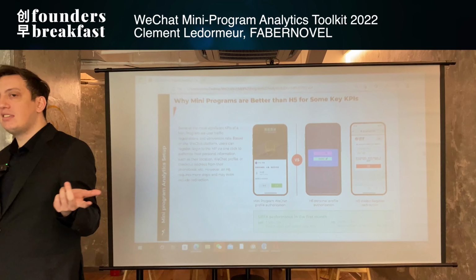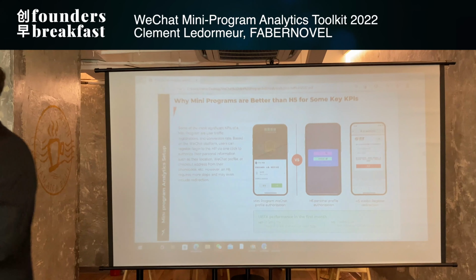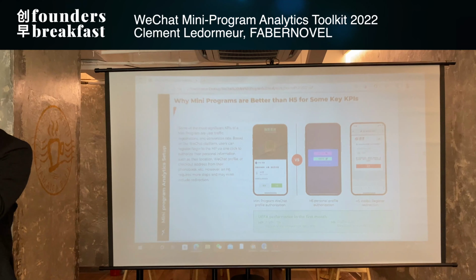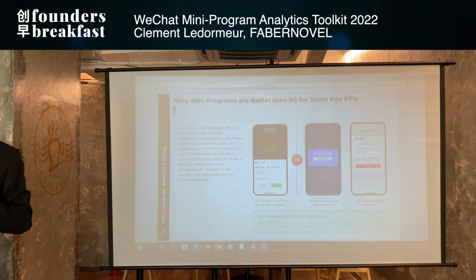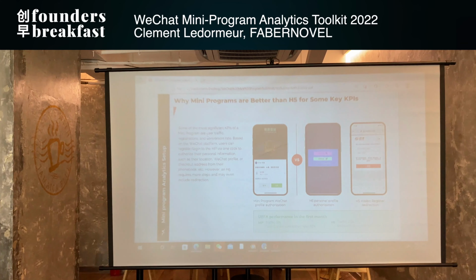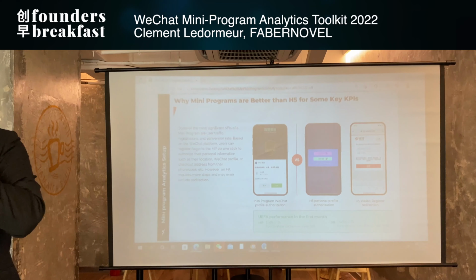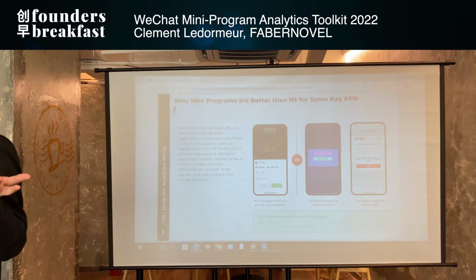So why is it more popular? Because in one click, you can get the mobile number on a mini program. While if you look at H5, you log in with WeChat, you log in with Weibo, there are at least 2 or 3 steps. For example, this is a Weibo login. You click here, then you need to log in, then you need to accept, it redirects, and so on. So there is a big drop-off. On average, 80% of the users click on yes.